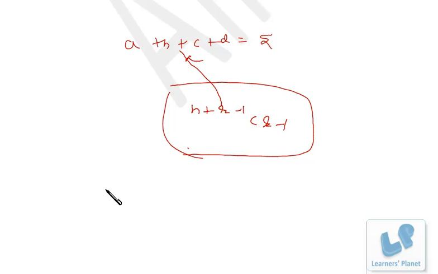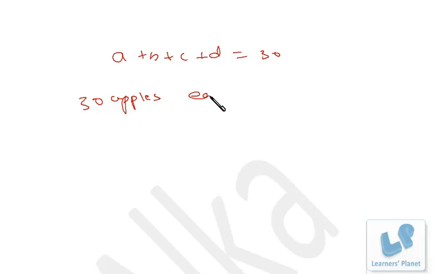Now the next condition, suppose a plus b plus c plus d, maybe it is 30, right? And we have to find out the non-negative integral solution, or we can say we have to distribute 30 apples with the condition that each should get at least 2. Each should get at least 2.